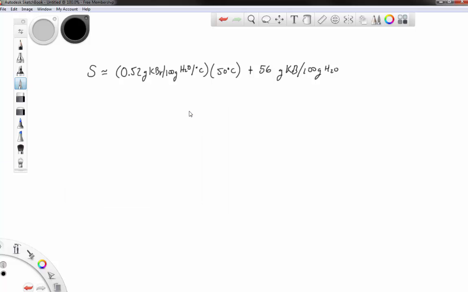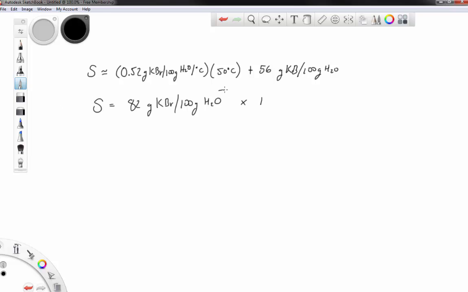So basically we're coming up with something like solubility equals 82 grams of KBr per 100 grams of H2O, and then we're saying how much is actually dissolved in the H2O.